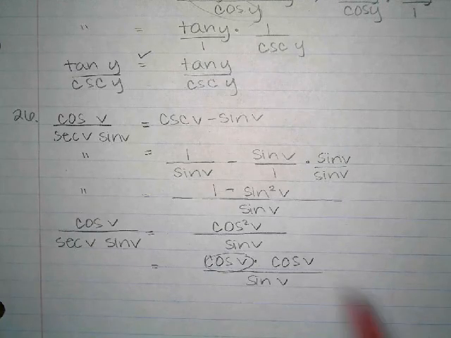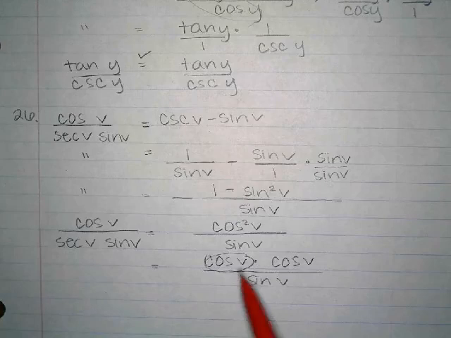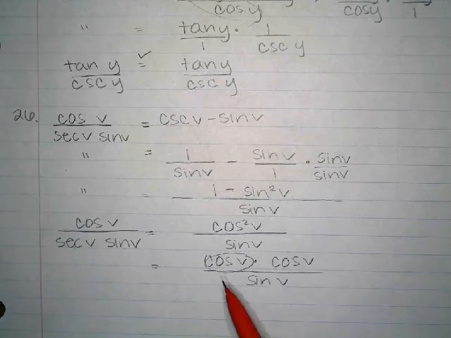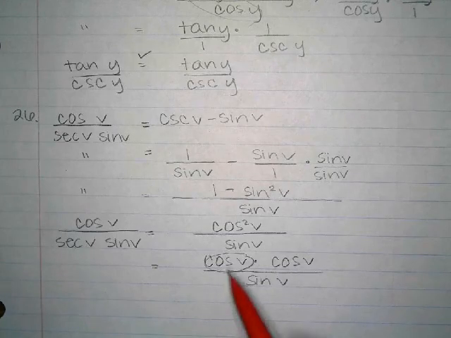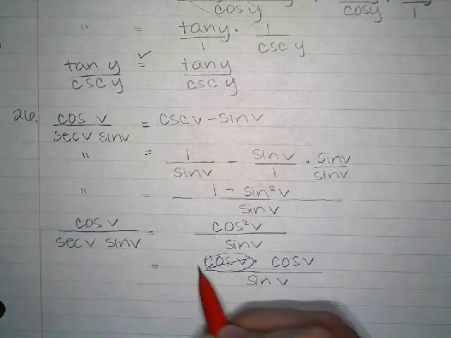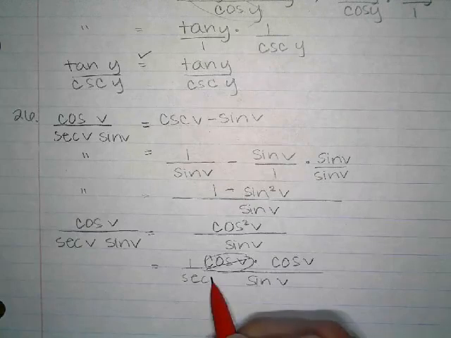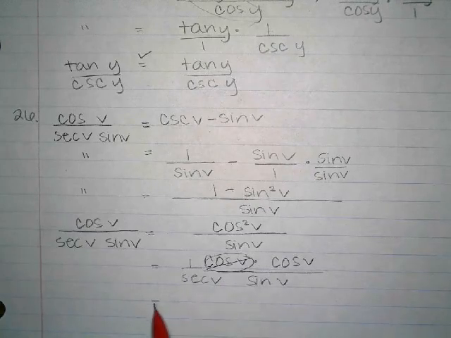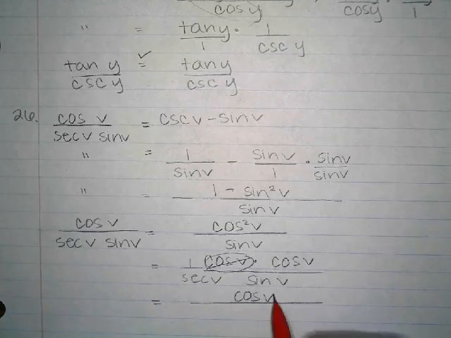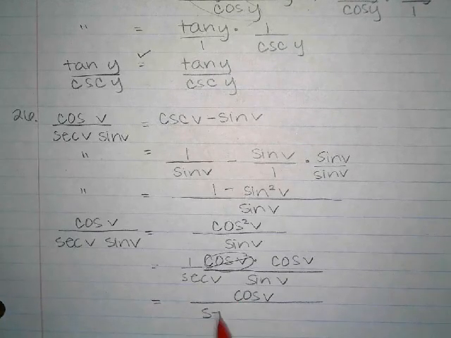So we're going to take one of the coses and do what with it? Put a 1 over it and turn it into a secant. So I'm going to take this out, and I'm going to make it a 1 over secant. So we've got cos on the top, the other cos became a 1 over secant, and then the sine stayed on the bottom.